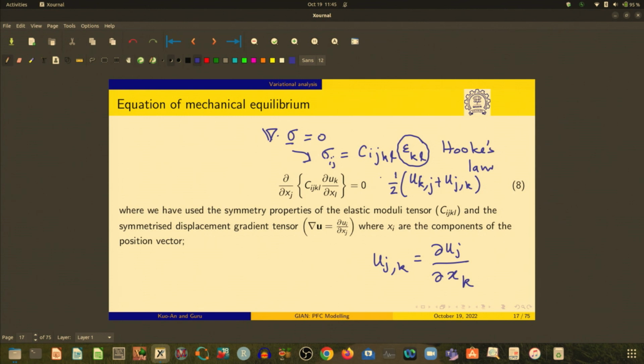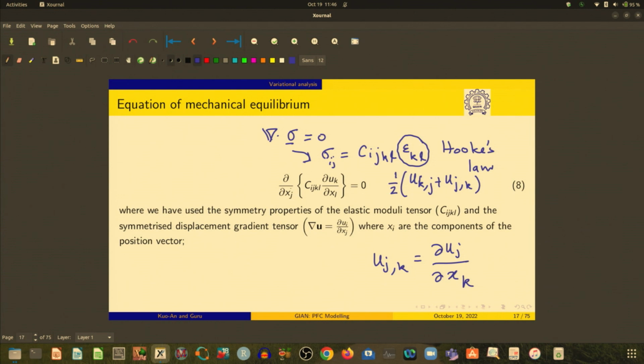Now, C has symmetry properties that follow from the fact that the stress is a symmetric tensor and strain is a symmetric tensor, and stress and strain are symmetric tensors for two different reasons. Okay. I will not go into those details, but you can look up some textbook like Nye or Mura, they show these symmetry properties. So, in writing this we have assumed all those symmetry properties.